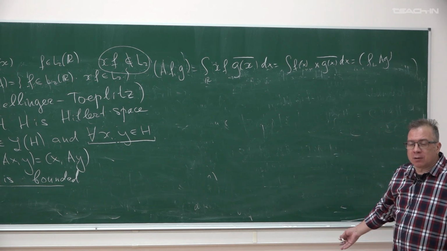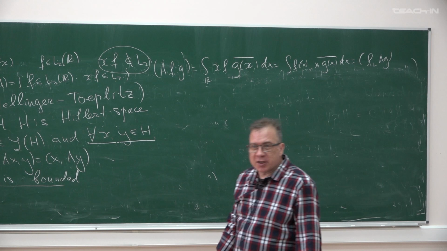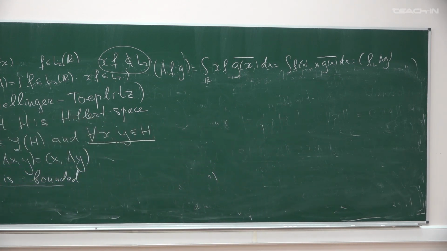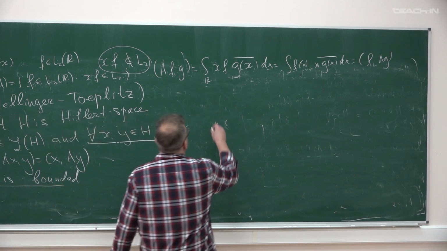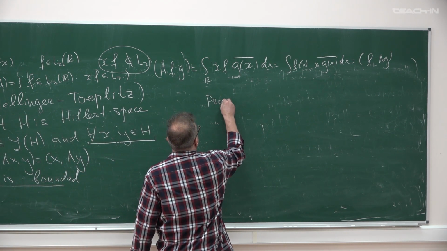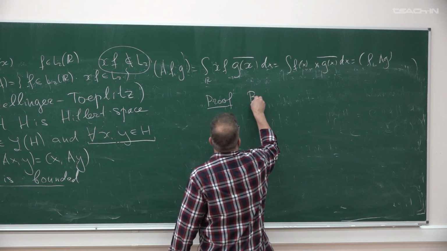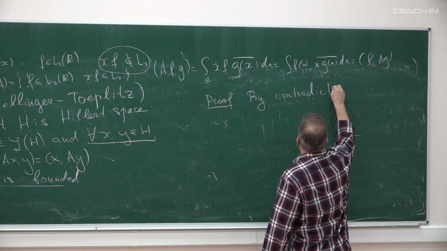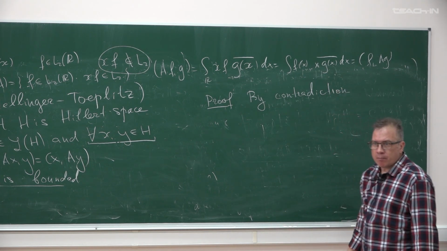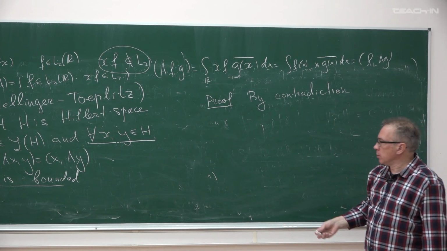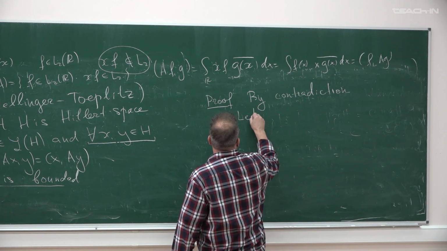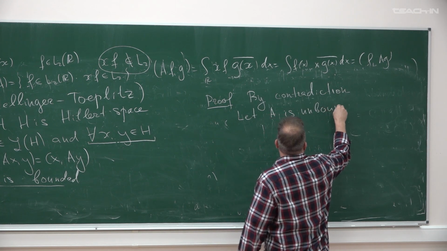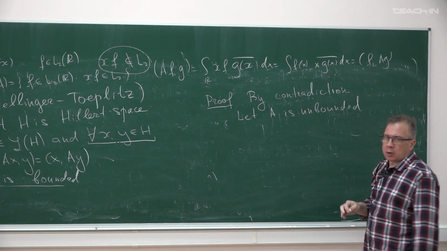So why are many operators from quantum mechanics unbounded? Proof. By contradiction. Let it be unbounded. Then what can we construct?